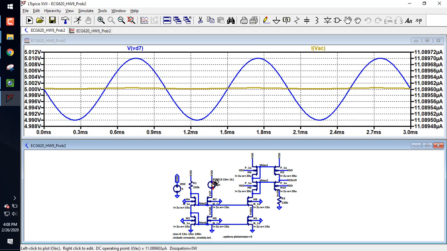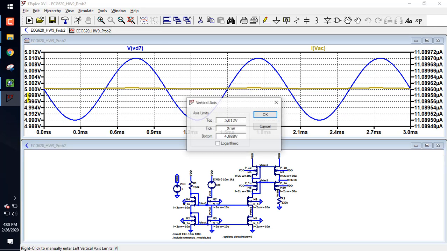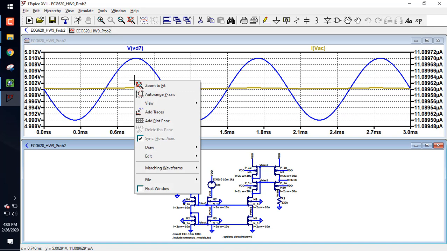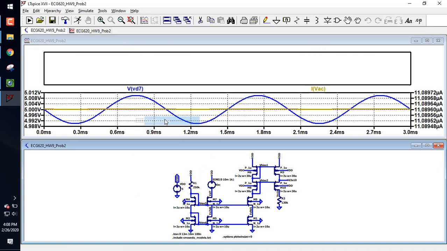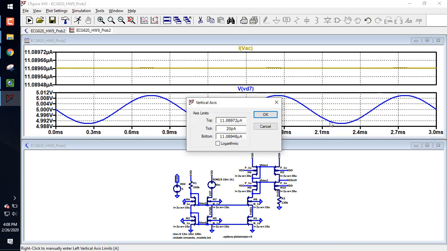And then let's add a plot plane, pull this up, and then I'm going to change this current here to 11.89 microamps.